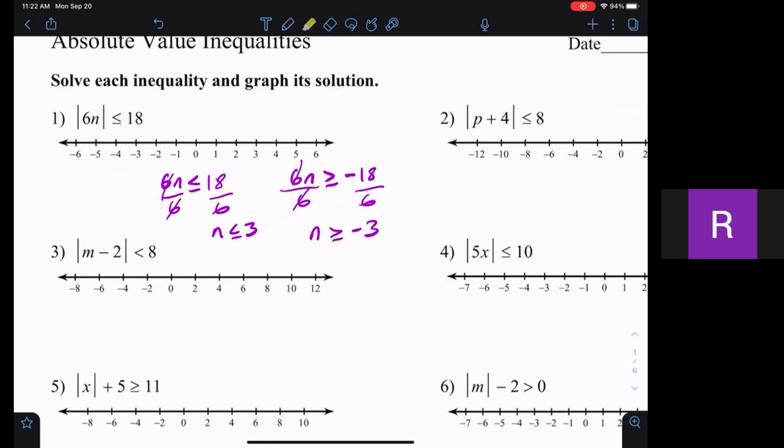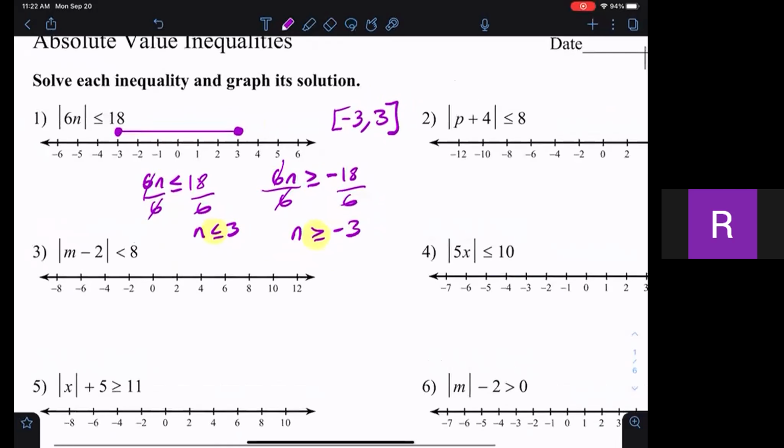Remember, this is closed, this is included. So this is negative 3 here, and then you have 3 here, and you want the intersection between these two. So that's the answer. As interval notation, you can write negative 3, included, comma, 3, both included. So that's the answer for that one, right?